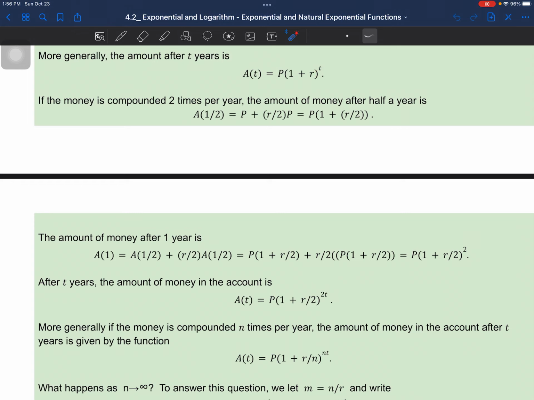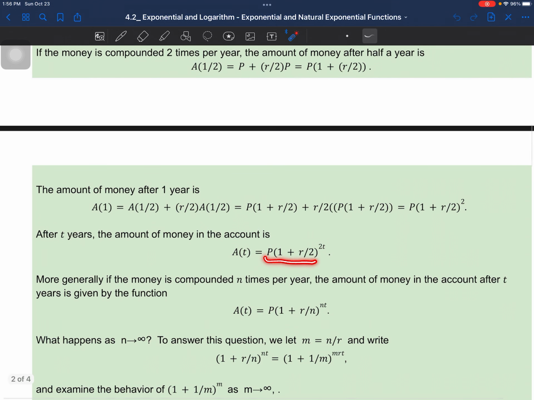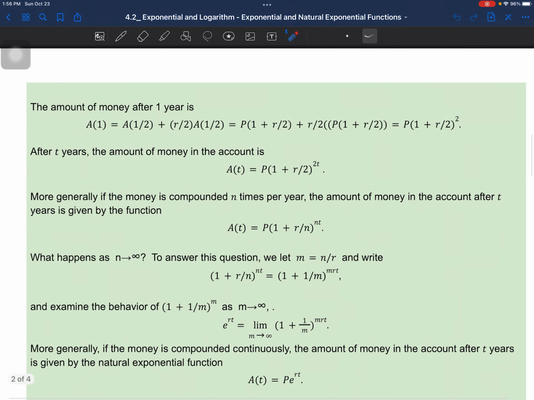So if you notice, the number of compounds within 1 year happens to be the same number as the exponent. But wait a minute, didn't we say that in general that would have been the number of years? But now we're saying that this is going to be the compounding. That actually fits all together. If you generalize this to number of years, we're going to have the same equation, r over 2, but now we're going to multiply the compound number of periods times the number of years.